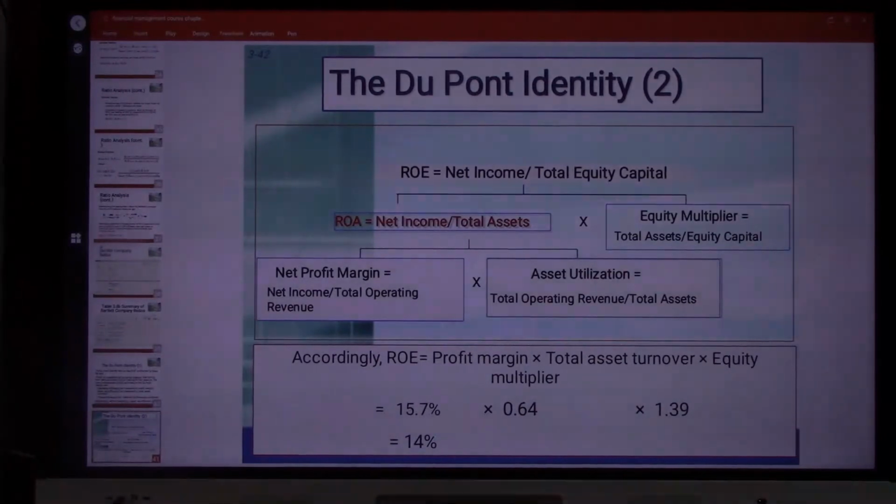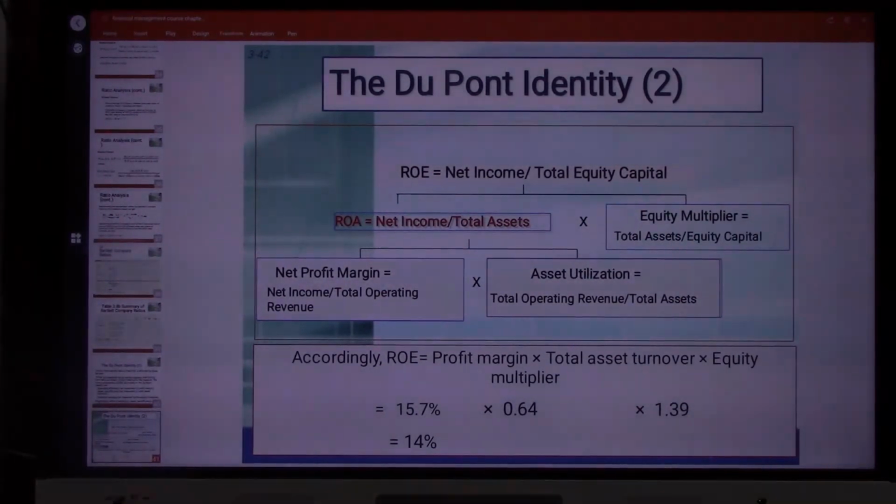As you see, the long form for calculating return on equity, according to the DuPont identity, is equal to profit margin multiplied by total asset turnover multiplied by the equity multiplier. The equity multiplier is total assets divided by equity capital.